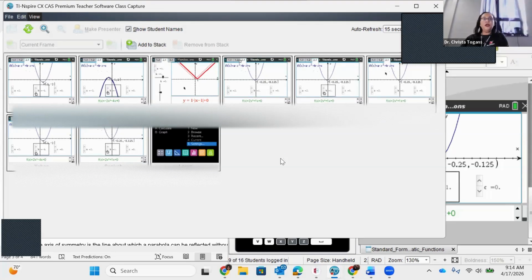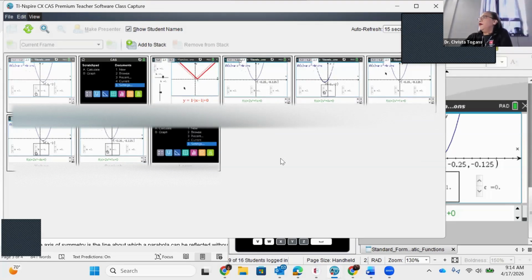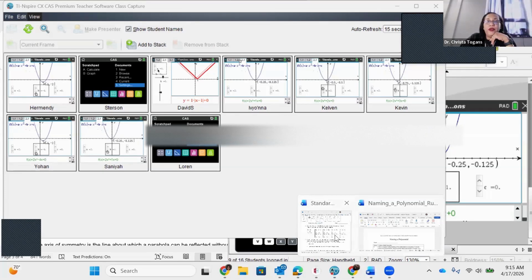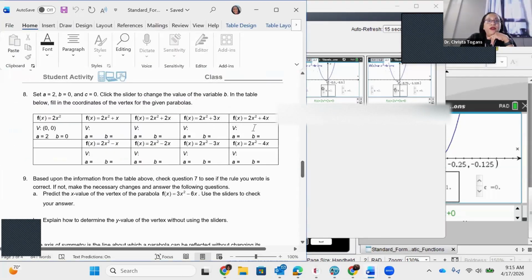Are we finished with 2.1? Okay. So have we answered the questions on the paper? Does anybody need help seeing what the paper is telling you to do? Oh, good. You say you're done with the whole chart? Oh, look at you. All right. So can you answer the question?